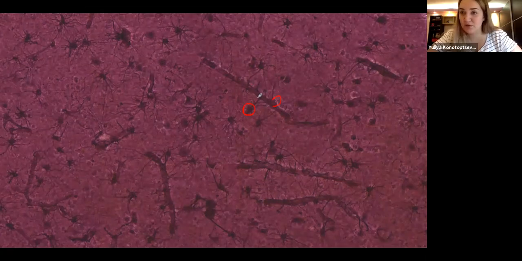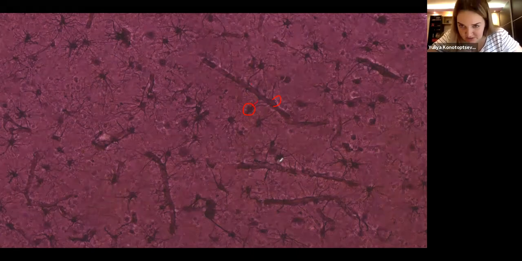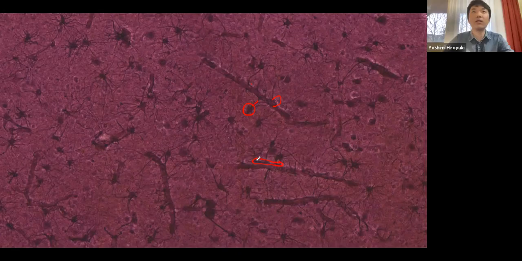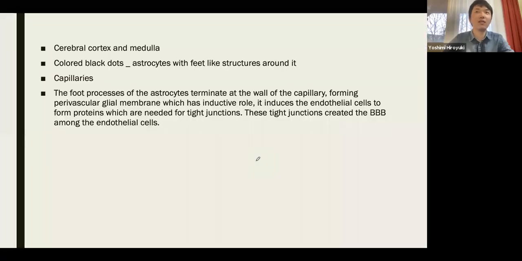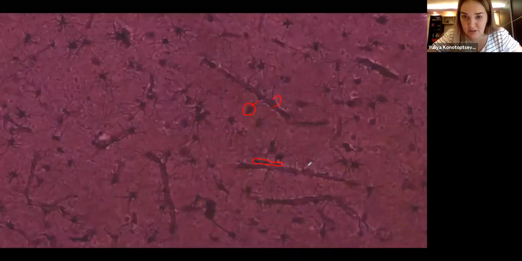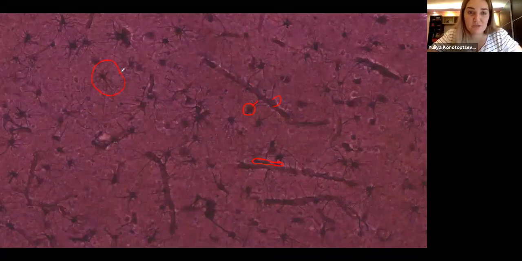You can see it clearly on the picture here that they're really trying, right? So you can see this part right here. How would you call it? Internal glial limitans. Very good. This is the internal glial limiting membrane or perivascular limiting membrane, right? So that's just a bunch of foot processes of the astrocytes, which are helping to create the BBB, right? So it's right here. You can see it on the blood vessel. But take a look at these astrocytes. Do they look the same as before?